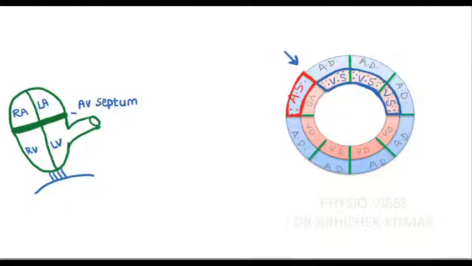Our initial position is at the end of the atrial systole and end of the ventricular diastole. It means that at the end of the atrial systole and at the end of the ventricular diastole, the AV valve is closed, and similarly the semilunar valve is also closed.